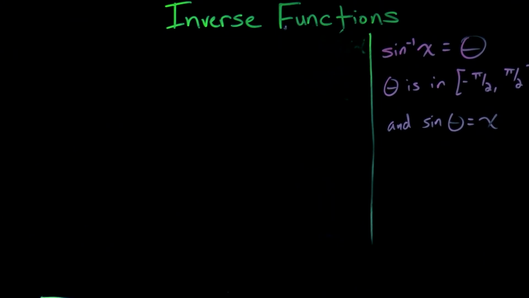So let's say, for example, we wanted to find the inverse sine of negative square root of 3 over 2. Okay, so based on our definition, that's going to be some angle theta.